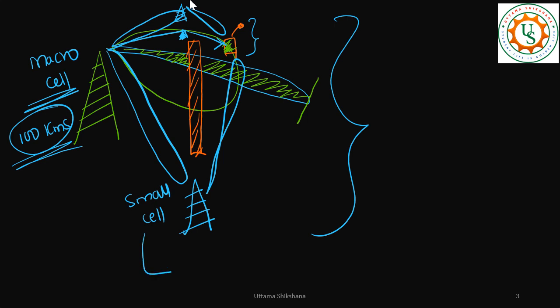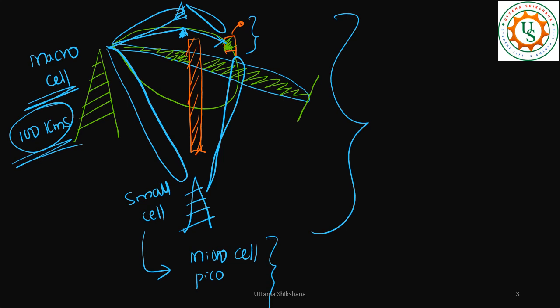In small cells itself, we can have multiple variations like micro cell, pico cell, and femto cell. So depending upon the range, we have different types of cells. So the difference also, I hope you got it.